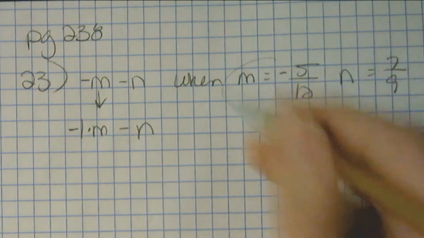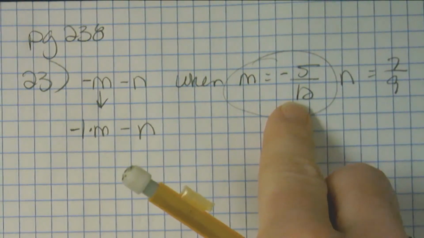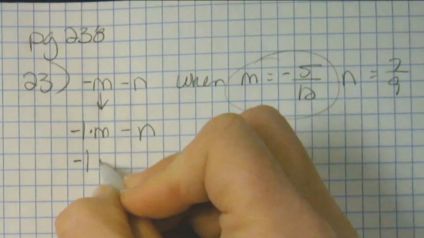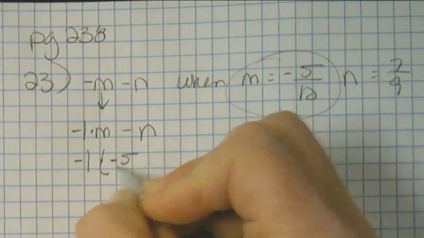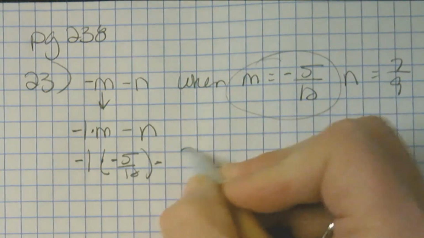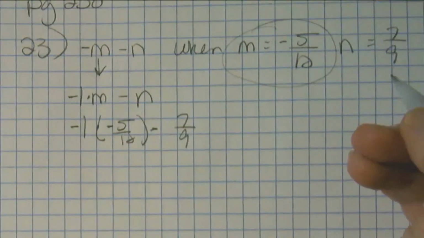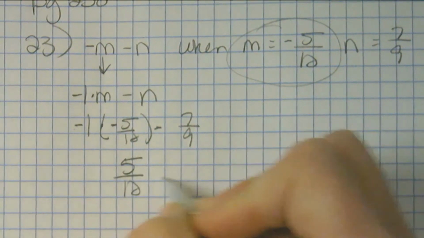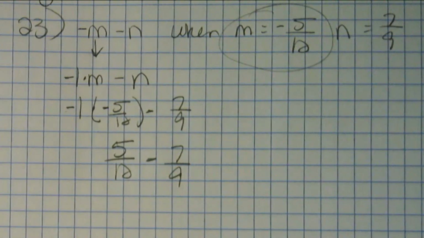So when I substitute that negative 5/12 for my m, this is actually negative 1 times a negative 5/12 minus 7/9. So when I have a -1 times that -5/12, it's actually a +5/12 minus 7/9. That's usually the mistake that happens: what do you do with that negative out in front of the m? Yep, so it's like -1 times that. Do you want me to finish? Okay. Does anyone want me to finish that?